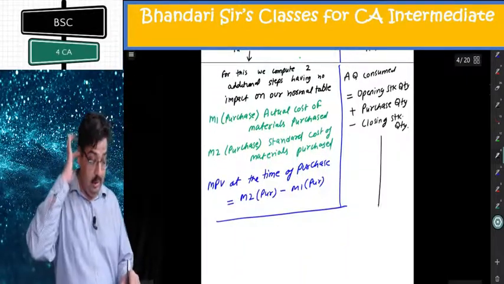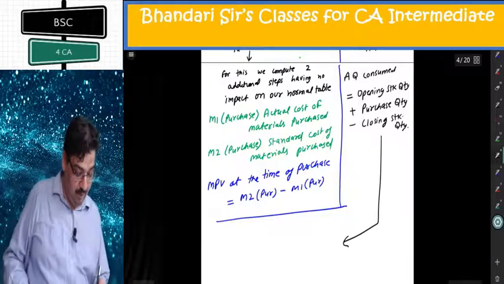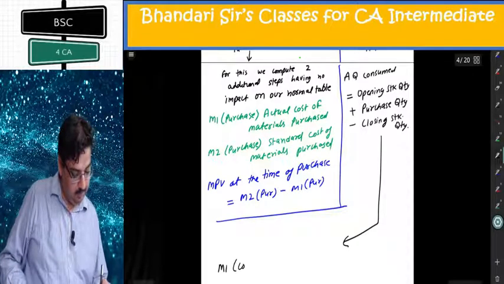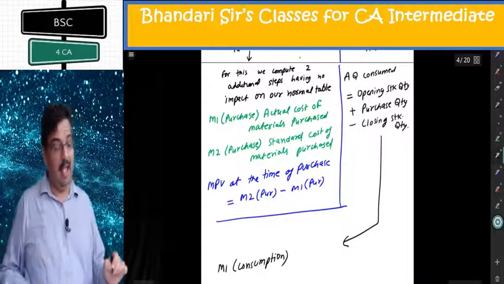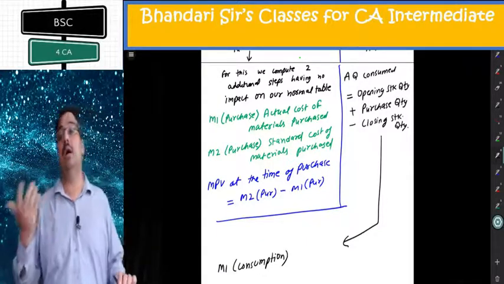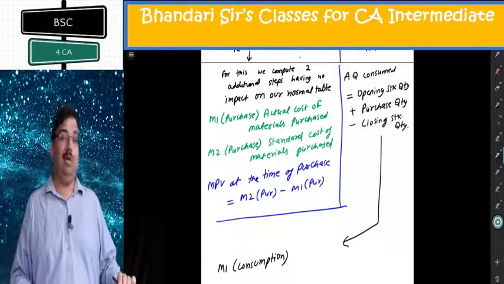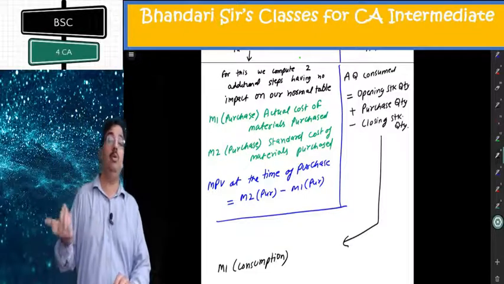Something new comes in: M1 consumption. M1 consumption is not as simple as you were doing earlier. It is not like actual rate multiplied by actual quantity consumed.